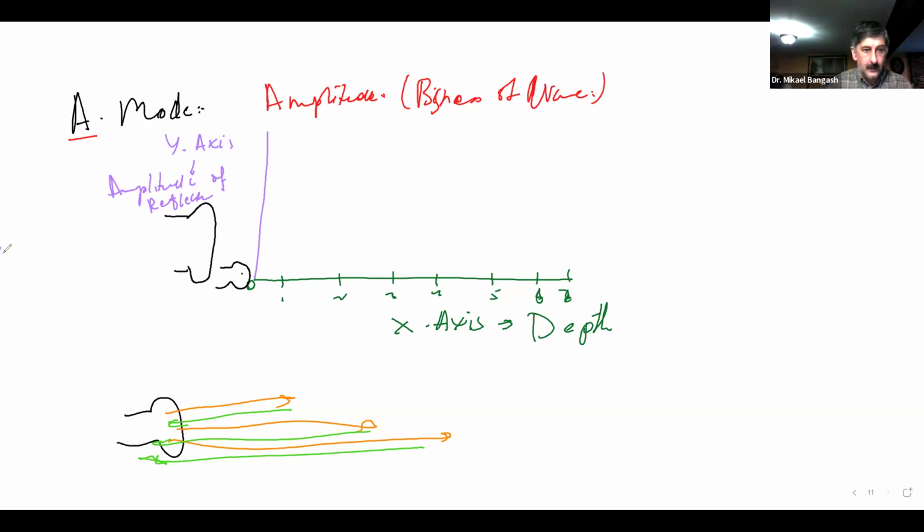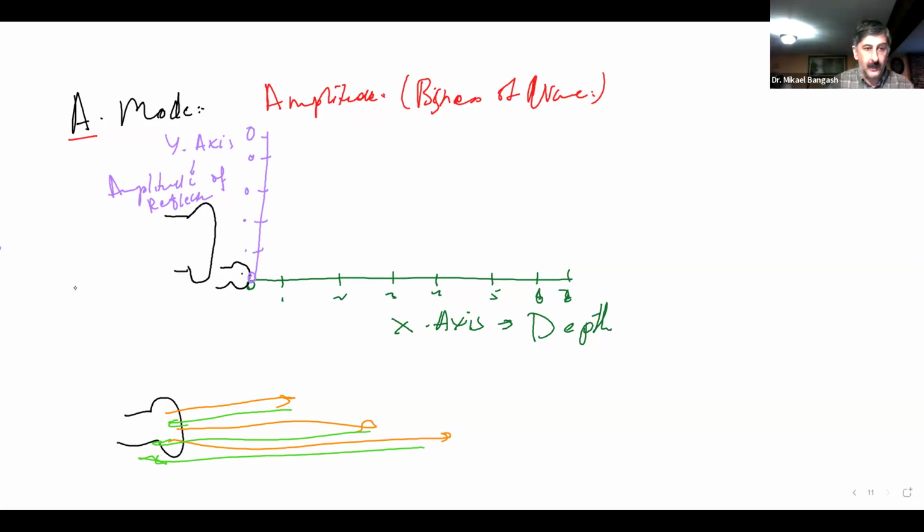Whereas for the amplitude, this will still be the zero point, and the amplitude will just be bigger, bigger, and bigger.